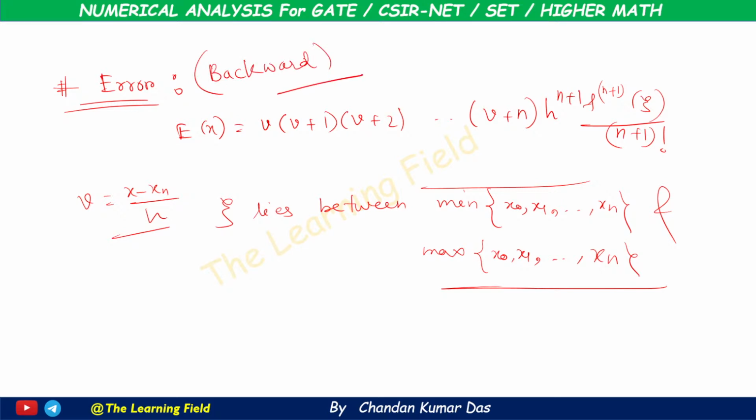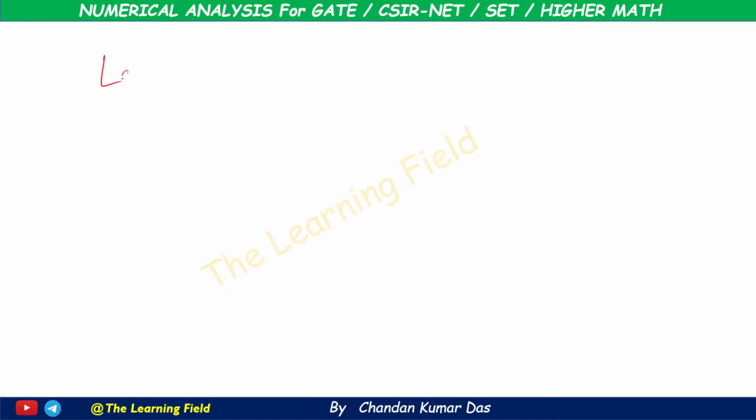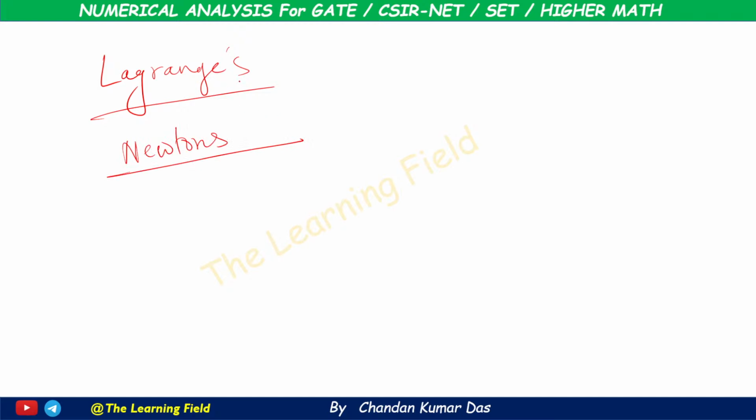We already discussed the example of this, and in the GATE syllabus it says Lagrange's interpolation and Newton's interpolation, Newton's forward plus backward. I think we will study the Newton divided difference formula also, because questions can be made from divided difference, and this is also important for the CSIR NET exam and other higher math exams.